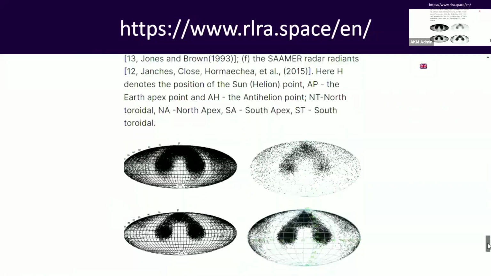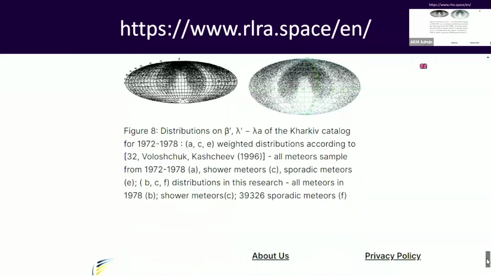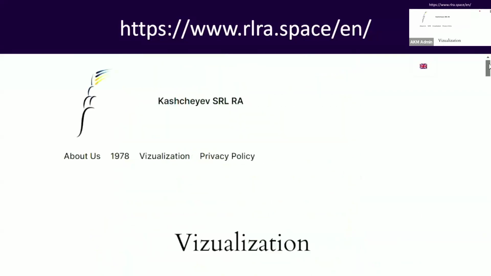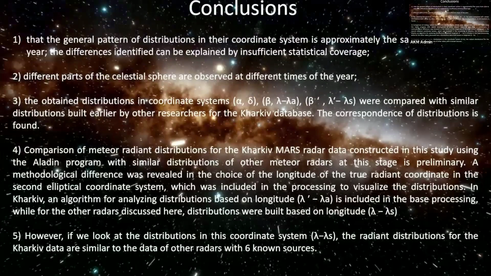In conclusion, the general pattern of distribution in the coordinate system is approximately the same from year to year; the differences identified can be explained by insufficient statistical coverage.